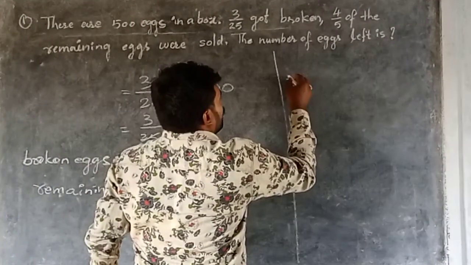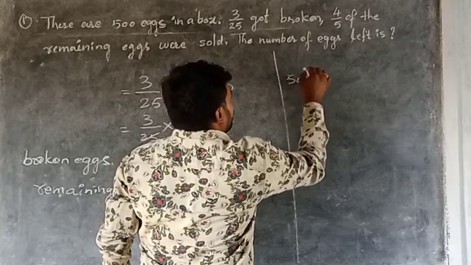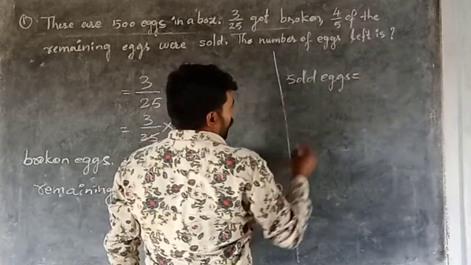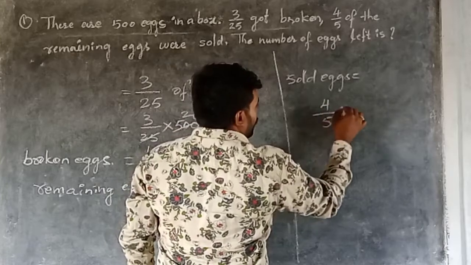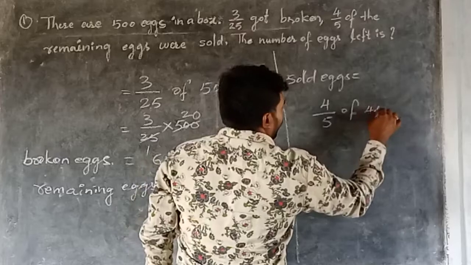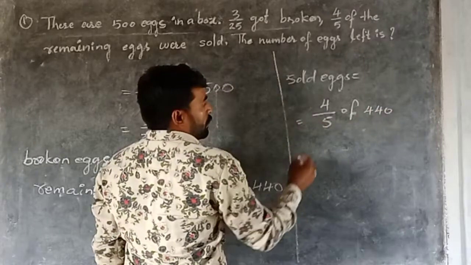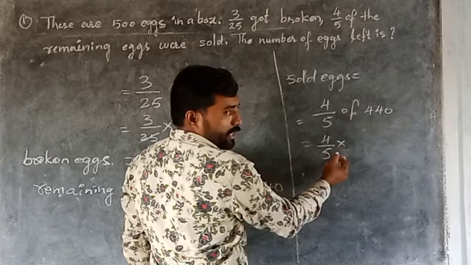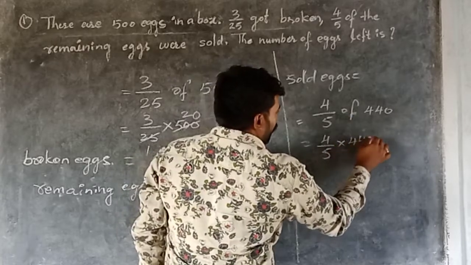Let us find out sold eggs. Sold eggs is equal to 4 by 5 part of remained eggs, 440. Let's do it. 4 by 5 of means into 440.